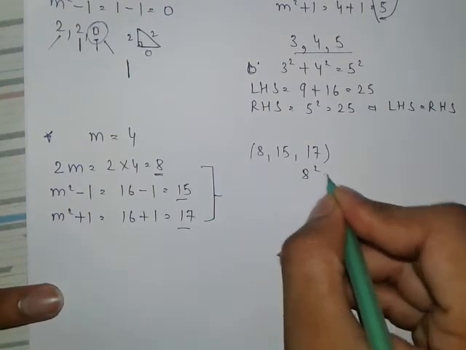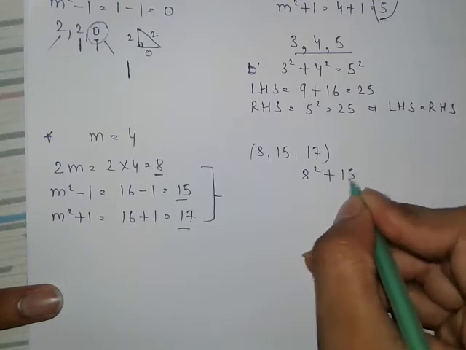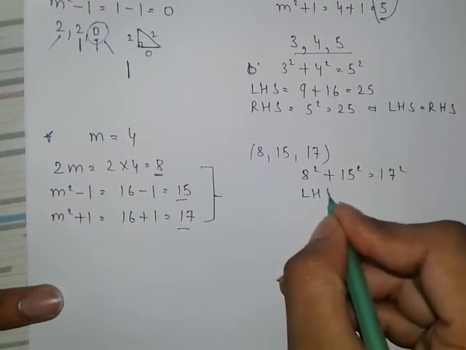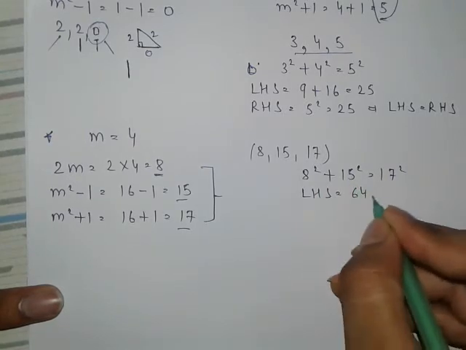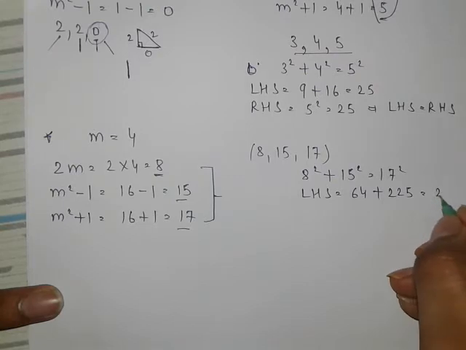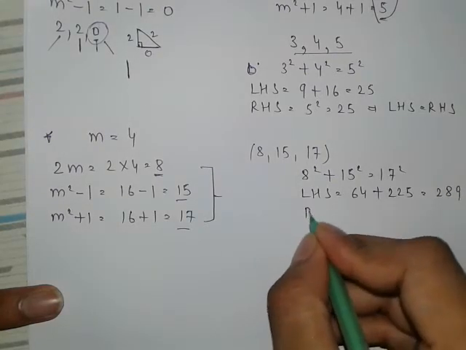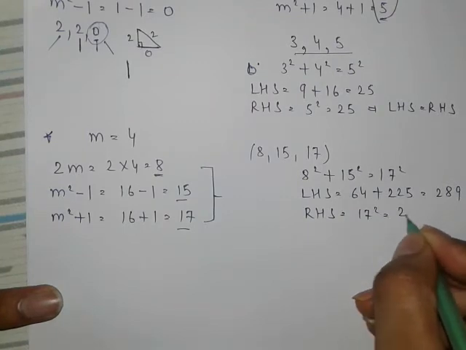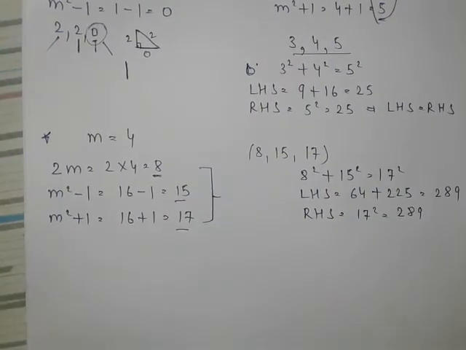The sum of squares of the smaller numbers should be equal to the square of the larger number. So the LHS part is 64, 15 square is 225. If you add them you will get 289, and RHS is 17 square is 289. So you see LHS is again equal to RHS.